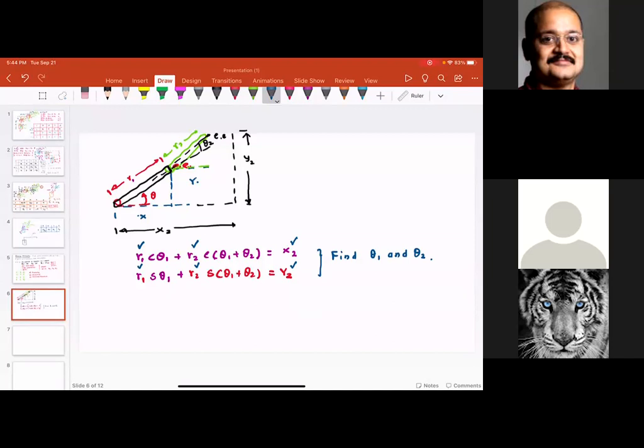This has two equations and two unknowns, so this can be solved. But please note, this is not a simple algebraic equation. It's a transcendental equation. You cannot add and subtract to get the answers. Are you with me so far?